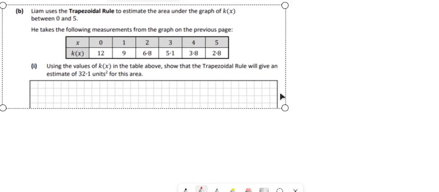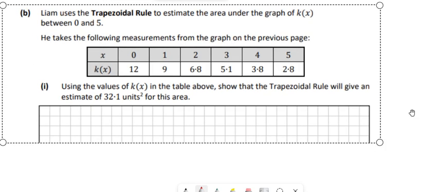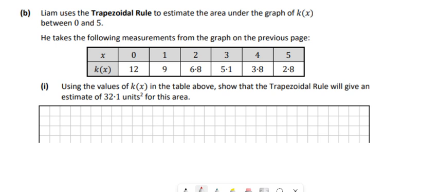Part B, we have to use the trapezoidal rule. You need to go to your log tables and it should give you something like this.